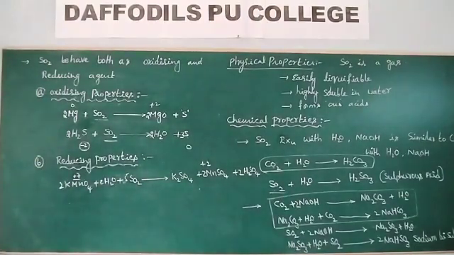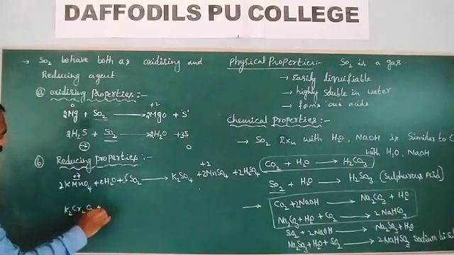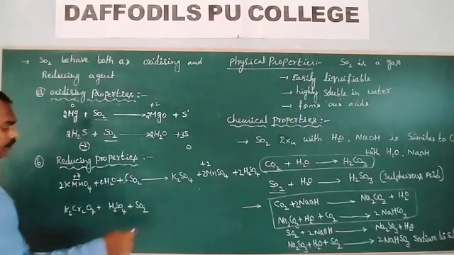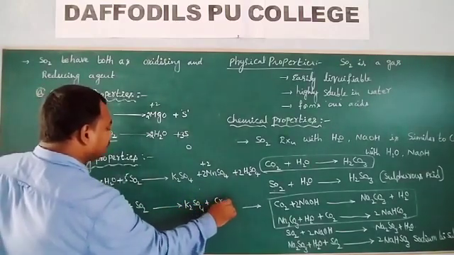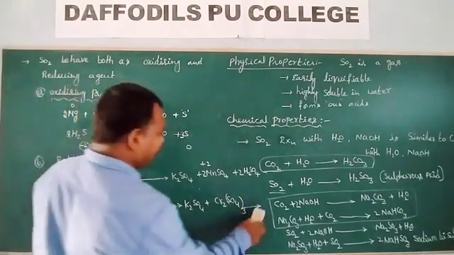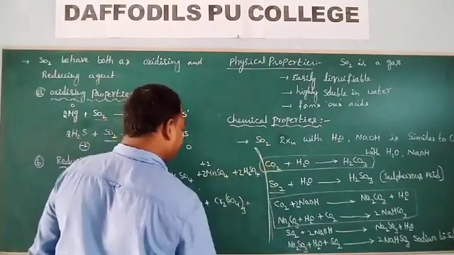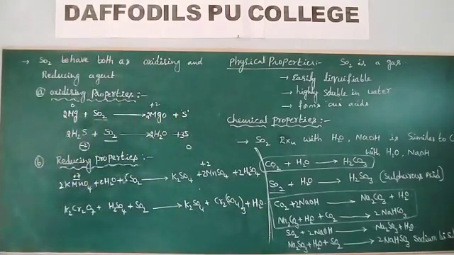Next, potassium dichromate, acidified potassium dichromate, K2Cr2O7, is reduced to chromium sulfate, Cr2(SO4)3, and potassium sulfate.